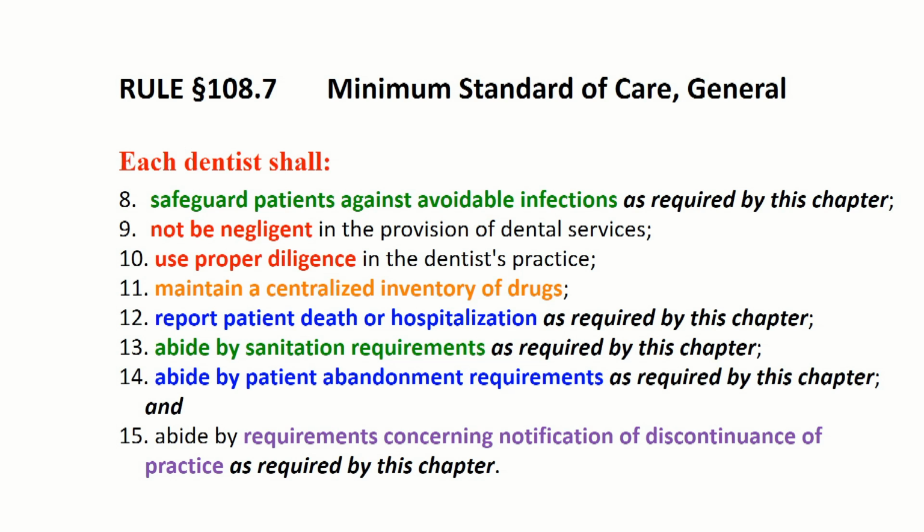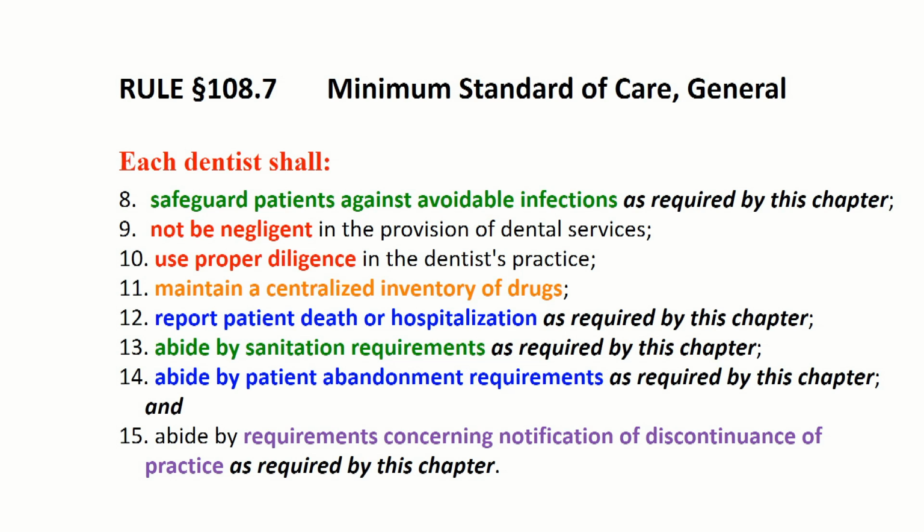Moving to number 12, 13, 14, and 15 in this same respect. Patient death and hospitalization is covered in Rule 108.6, but it is within the standard of care now since September the 3rd, 2014, to be compliant with that reporting of patient death and hospitalization.